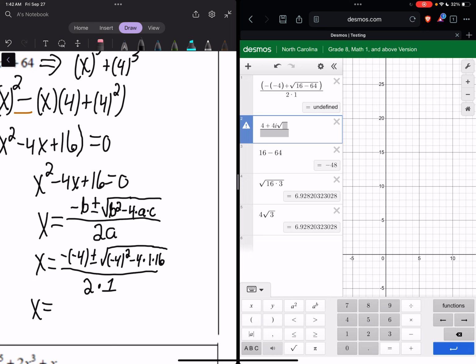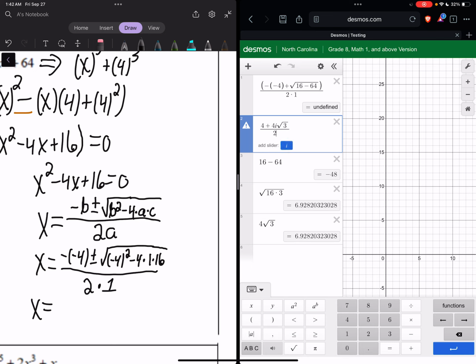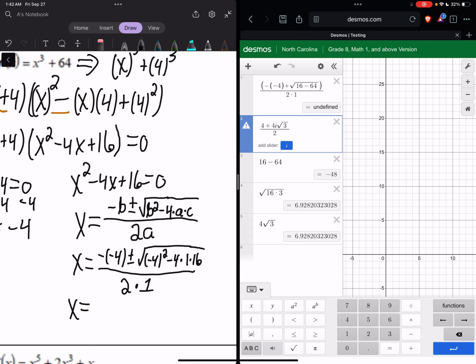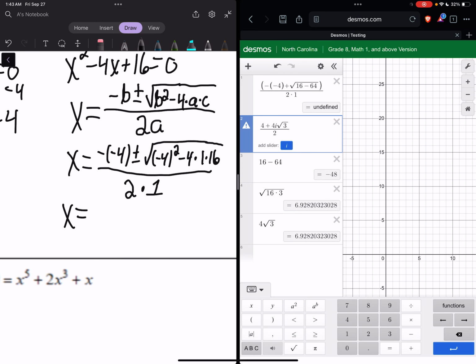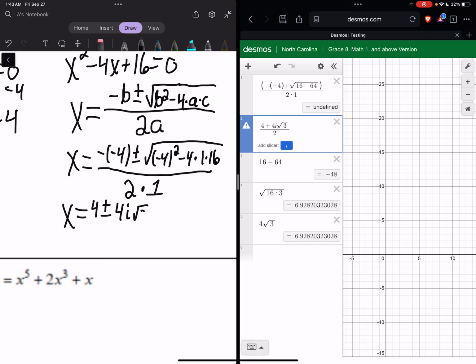So 4i square root 3. 2 times 1 is 2. I'm going to write this down first, then I'm going to show you something else to do. 4 plus or minus 4i square root 3 over 2.